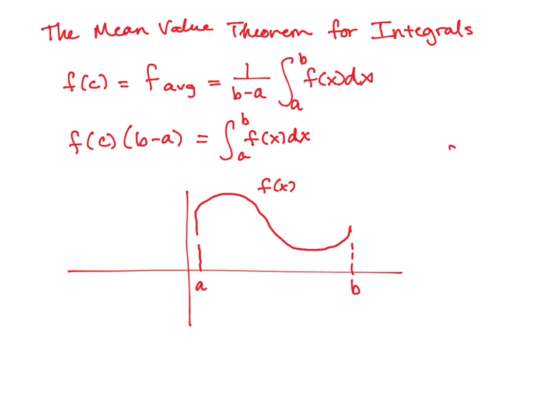So where's our average height? Right in the middle there. Doesn't it feel like the average height of this function, if I shook it down, would be right in here? So there's some value c that if I cut off the excess from this piece at c, I could fill in this hole.